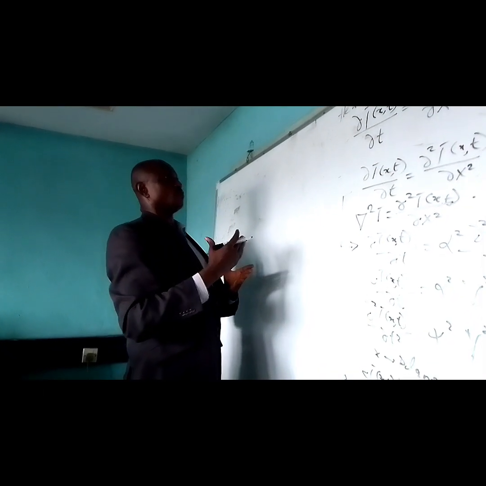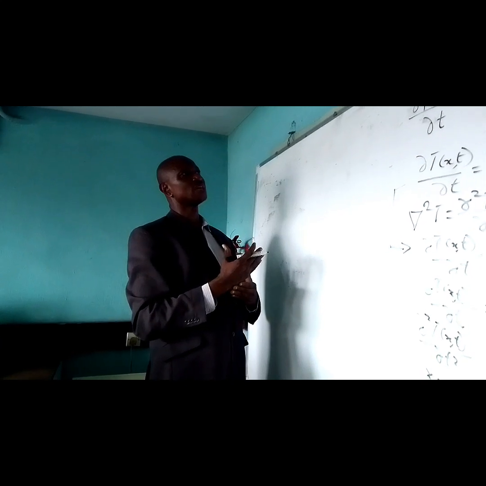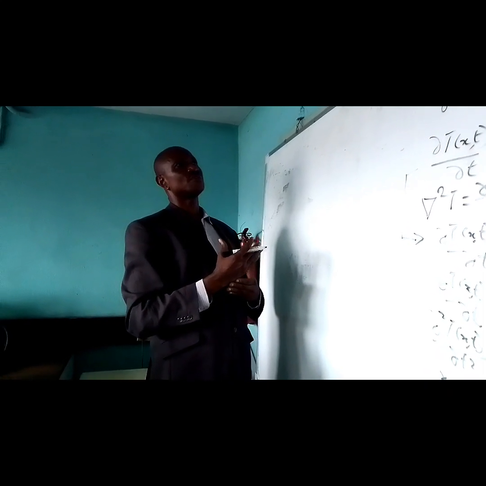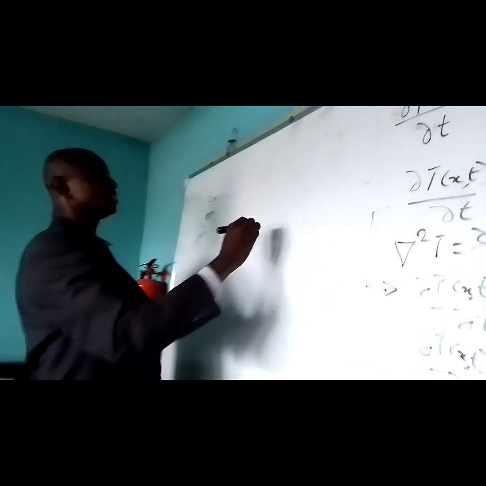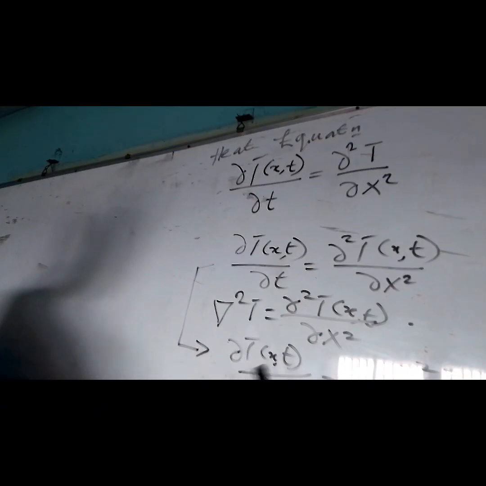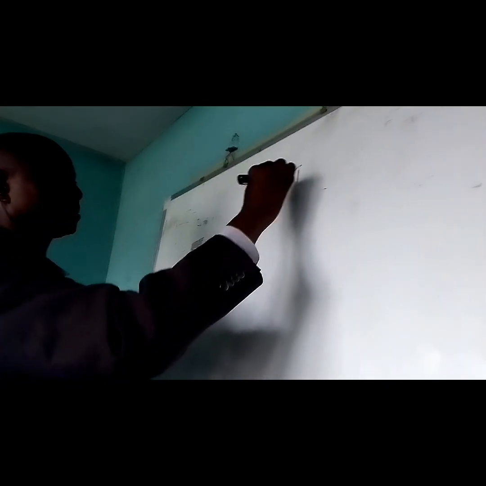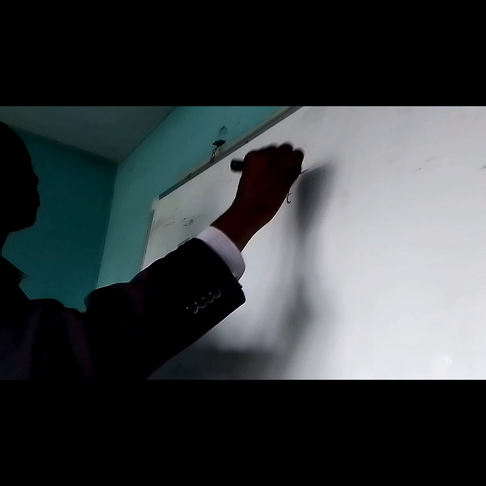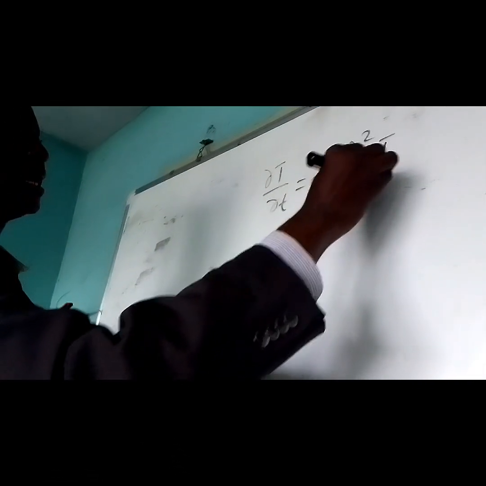So it is pertinent to have the view of the second order differential equation from the application perspective, where we have the heat equation, which has just been written here in full form with a constant, partial t with respect to t is equal to alpha square partial square t partial x square.